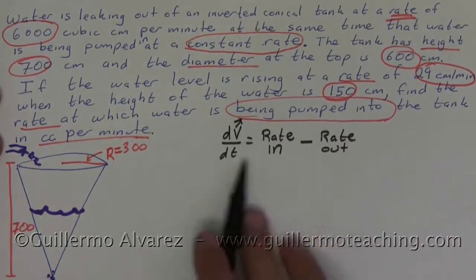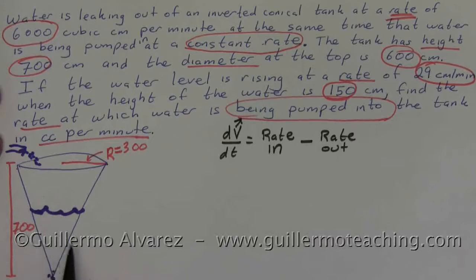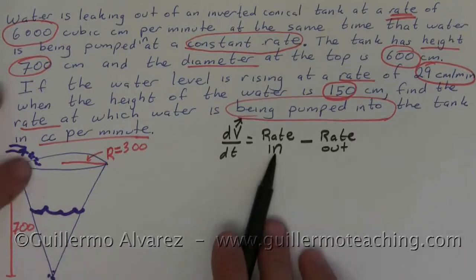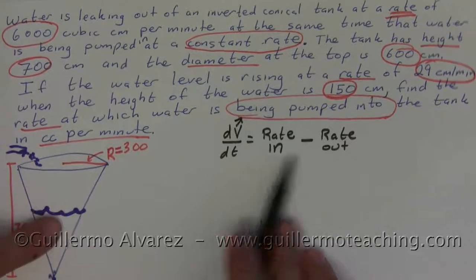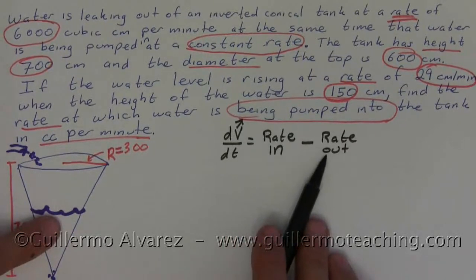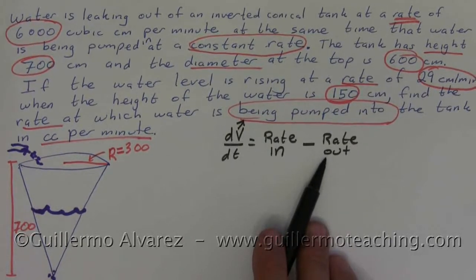And this makes sense, right? Because the volume of water is changing. The rate at which it goes in is positive because it increases the volume, but the water's also leaking out, so you have to subtract that water out.